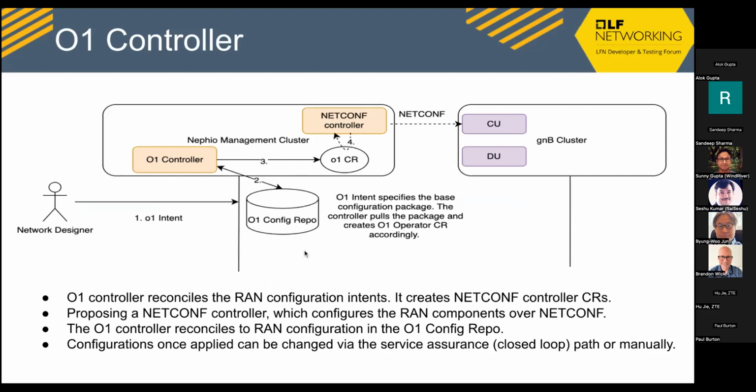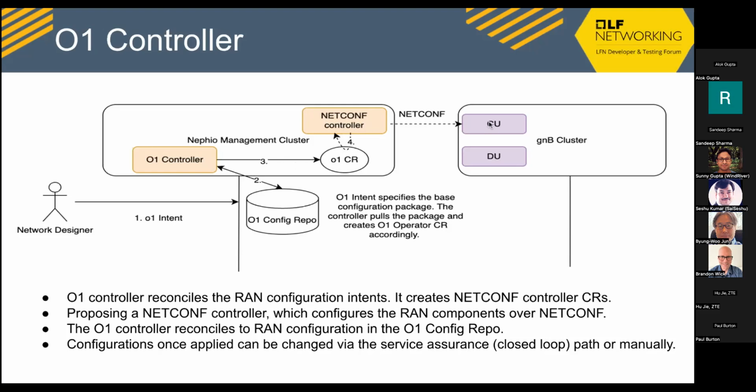This last slide does not talk about IMS, DMS, but it now comes to the O1 interface. It's a very high-level idea at present. Even the O1 interface can be achieved by a Nephio-like architecture, provided we have controllers which understand the high-level O1 intent and convert it to CRs, which are reconciled by NETCONF-like controllers.